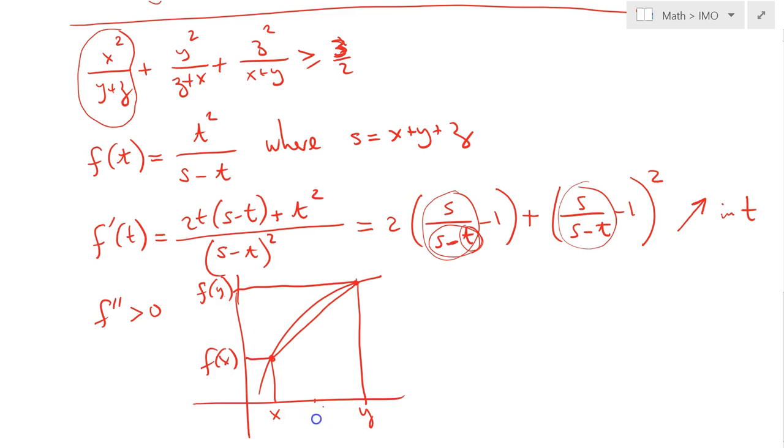This is the average basically when I say the expectation. Let me just write it as an average here, x plus y over 2. So when you look at the value, you have these two numbers here. Let me write it here, f of x plus y over 2, which is obviously greater than this guy, which is just the regular average, which is f of x plus f of y over 2.